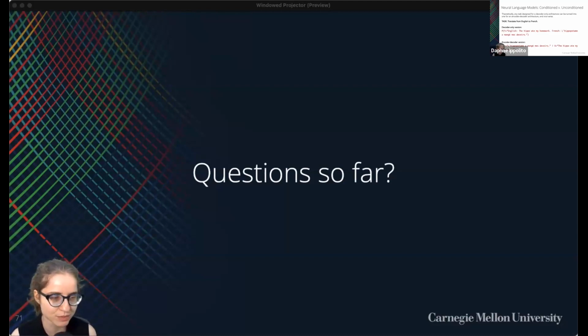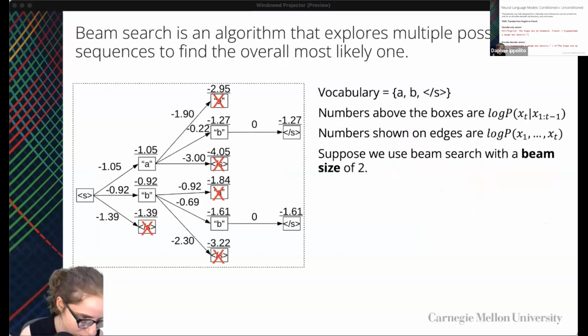Someone asked, when you do prompt engineering, are you impacting the value of K and T? Prompt engineering is just what you're passing as that conditioning sequence. That's just telling the model, I have this prompt and I want it to influence the probabilities that the model predicts. That's completely separate from you choosing how to sample from those probabilities. If we go way back to my slide with the figure, sorry, let me scroll way back.